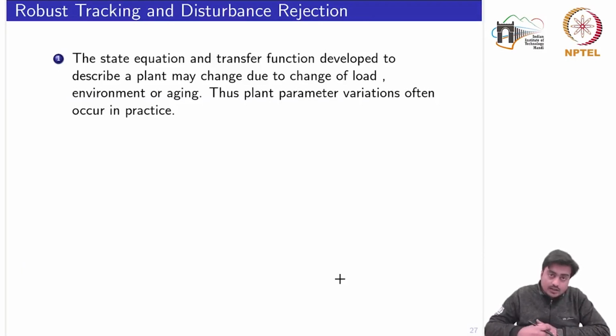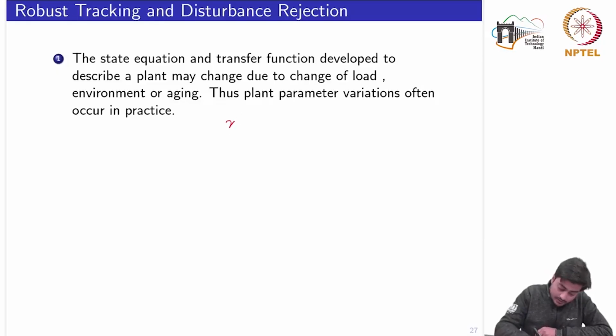Now moving towards the robust tracking and disturbance rejection problem. So far we had the complete knowledge of the A, B, C parameters. First of all, if we recall the state equation, x dot is equal to Ax plus Bu and y is equal to Cx.